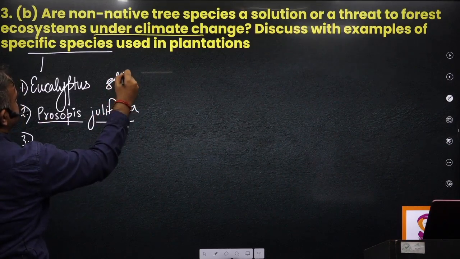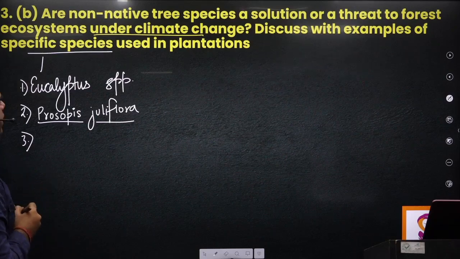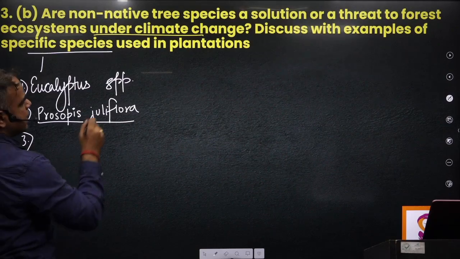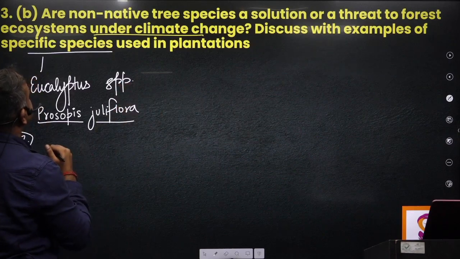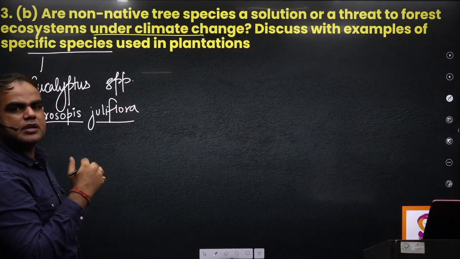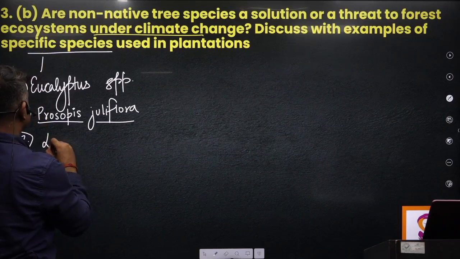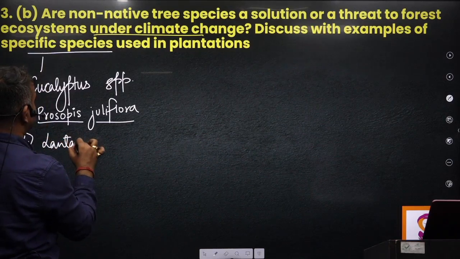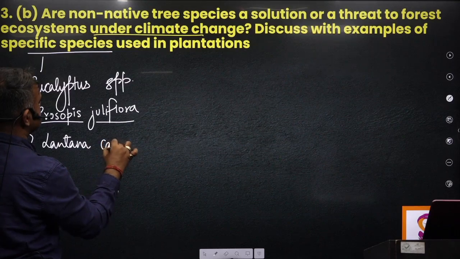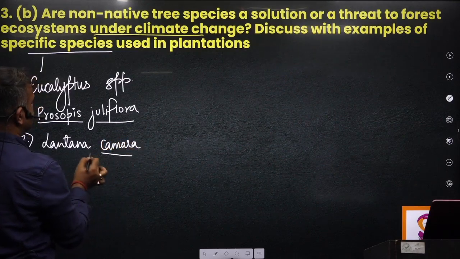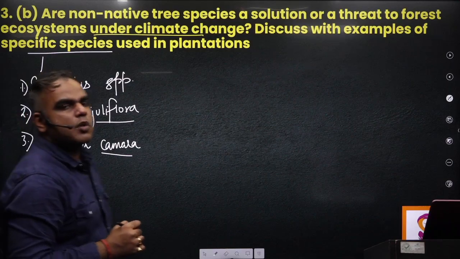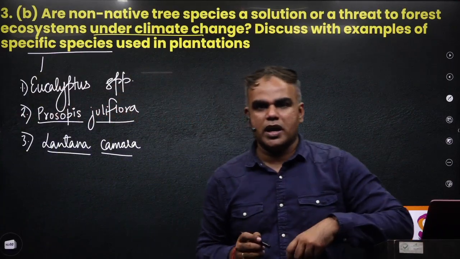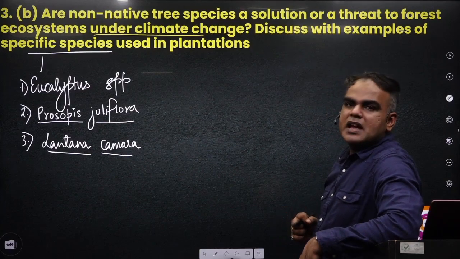I am writing eucalyptus species. Okay, we can also talk about other plantations that are there. For example, we can even talk about the non-native, for example, lantana. Okay, this also you read in your current affairs. These are very prominent examples that one reads about. Okay, and they have been very much harmful.